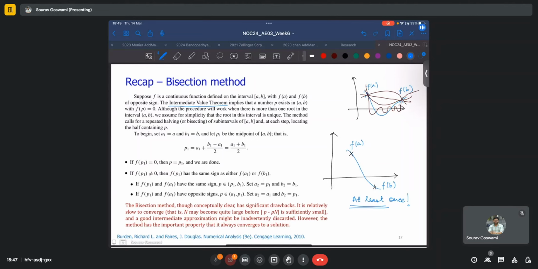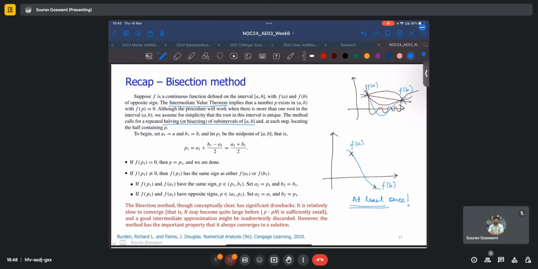We assume for simplicity that the root in this interval is unique, just because we are getting introduced to the method. And in this method, what we'll do is repeatedly halve or bisect the subintervals to find the interval which contains the root p. And ultimately, by halving the interval each time, we'll try to arrive at the root itself.